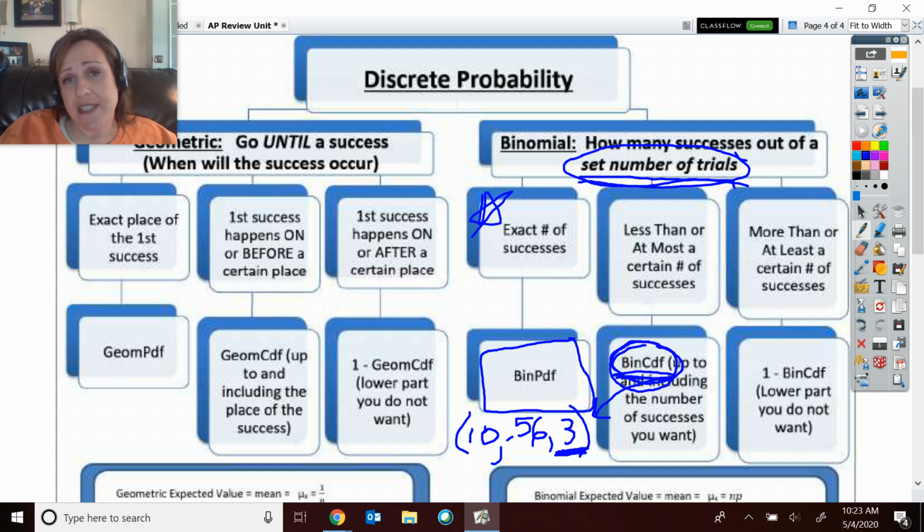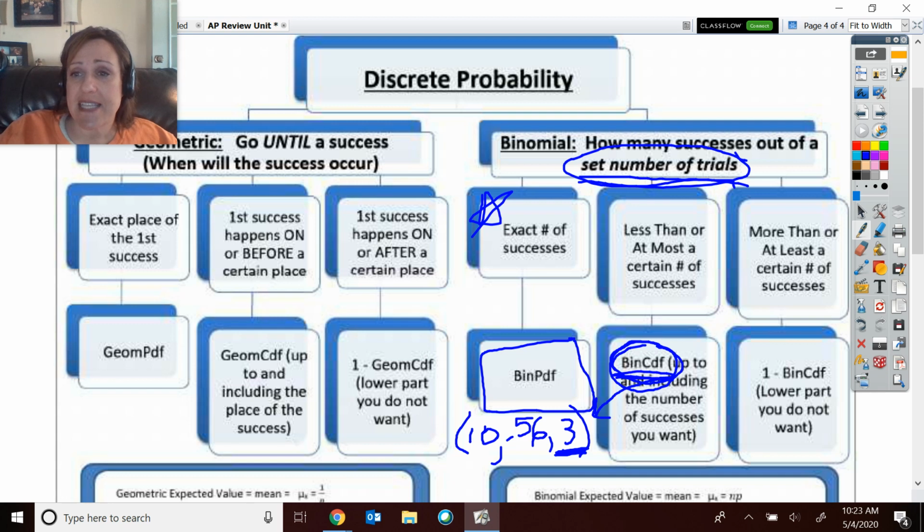If I want to say out of 10, I want at least 3 successes, then I want the top part. Remember our calculator, unless you have the newer calculators or operating systems that can compute the upper probability. But most of the time our calculator can just compute the lower probability. So we have to do 1 minus the bottom part that we do not want.